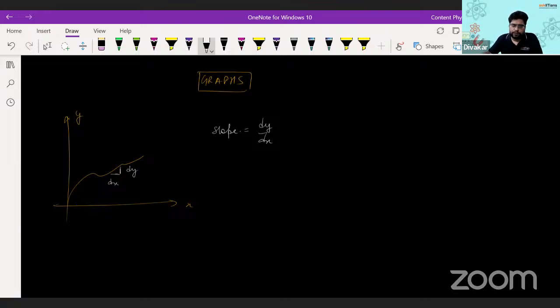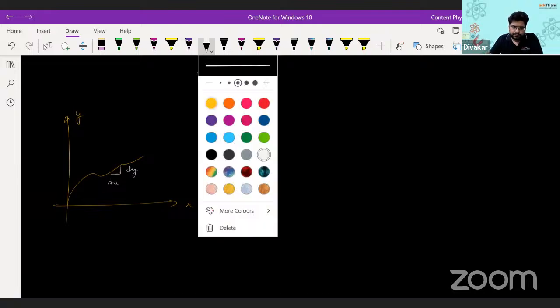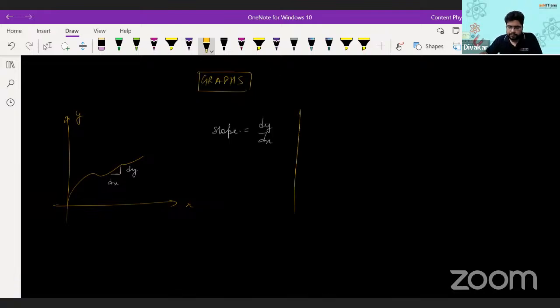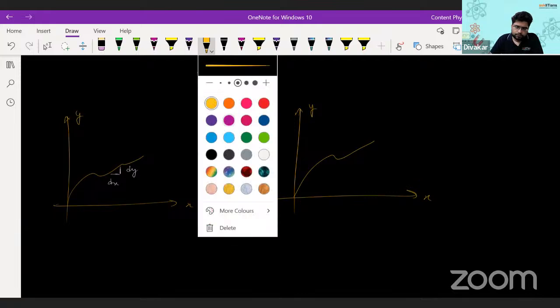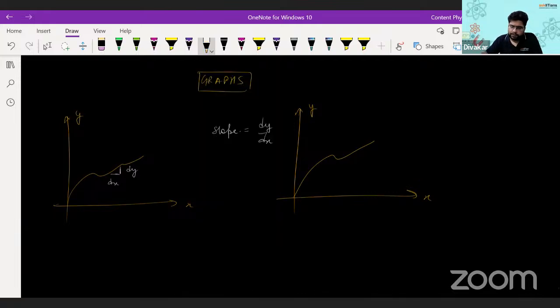The other thing that you can find out in a particular graph is, for example, I have another graph, you have y here and x here, and the graph looks like this. Then you can ask, what does y into dx represent? So y is the value at any given point, dx is the small length along x, and if you multiply those two, you get the area of a rectangle there.